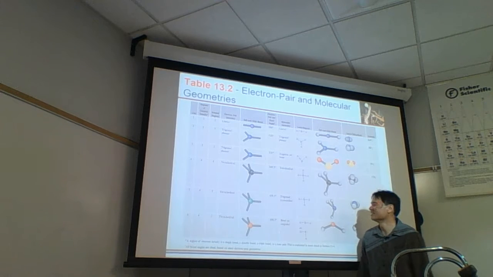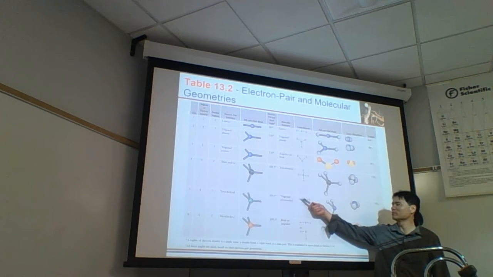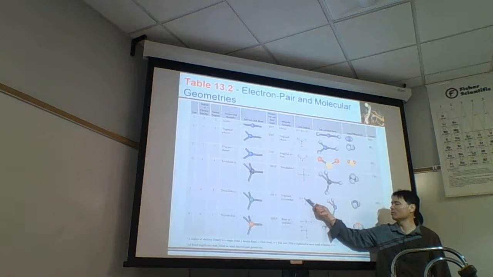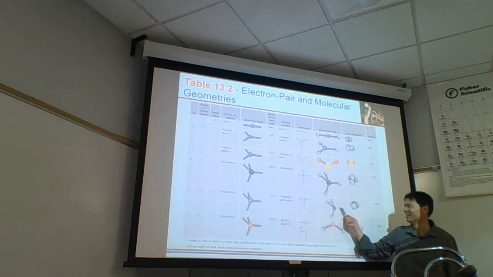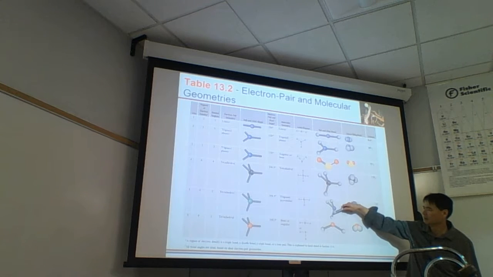Because of the Heisenberg uncertainty, for example, if we have four groups of electrons, it's tetrahedral, but if we only have three single bonds and one lone pair, that lone pair is shown here. Well, we don't really pinpoint that lone pair, but the atoms can be pinpointed, or the position determined.